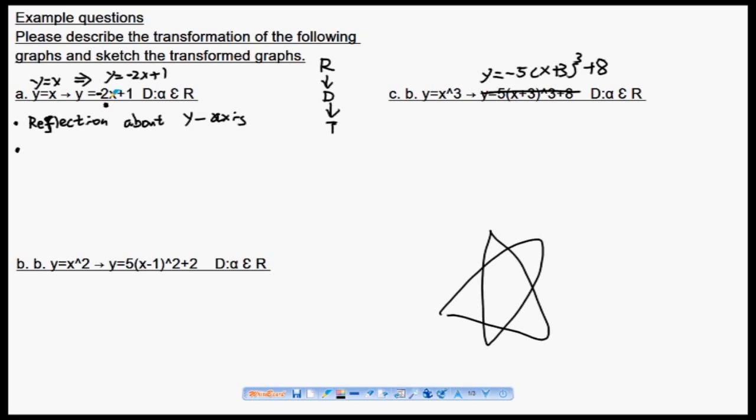We say a number times x, so we should have a dilation.